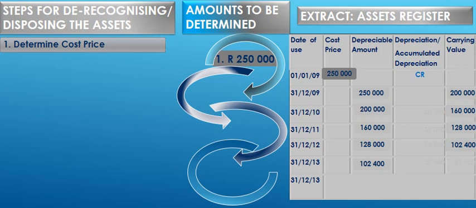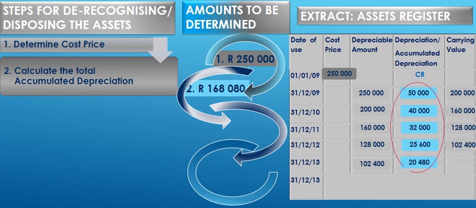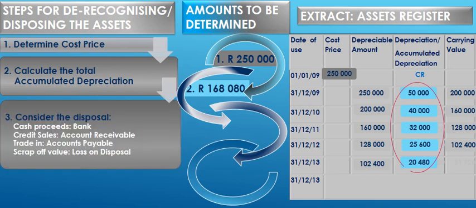Secondly, determine and calculate the total accumulated depreciation over the number of years in which the asset was used. We have calculated from the asset register the total accumulated depreciation of 168,080 rand.